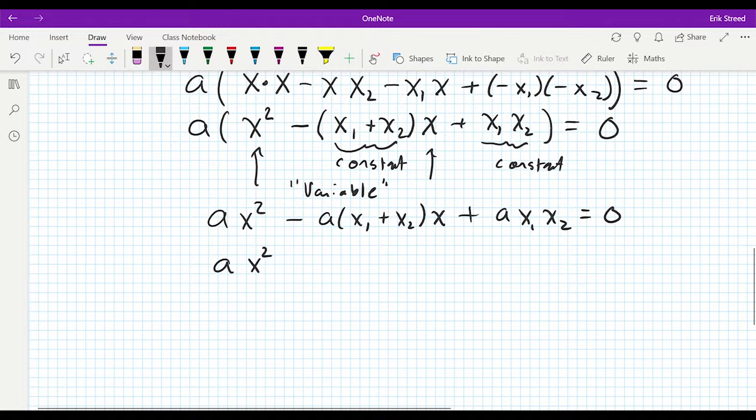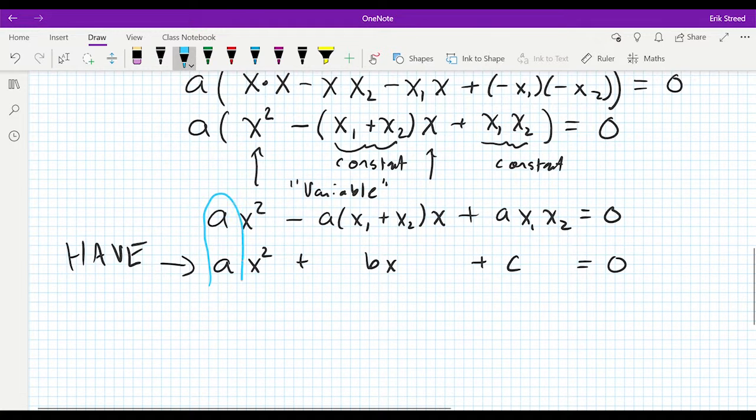This now is starting to look like our original quadratic equation. And what we can do is we can match the terms. So we can see that in front of x squared, we both have a. So that's fantastic.